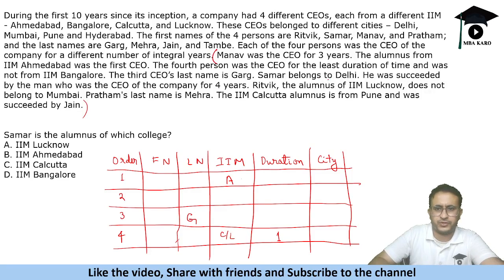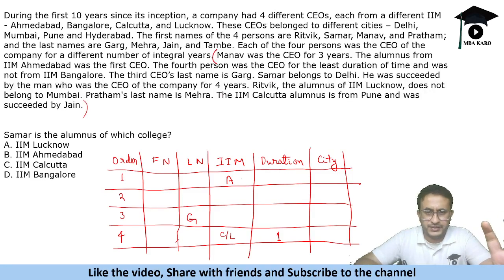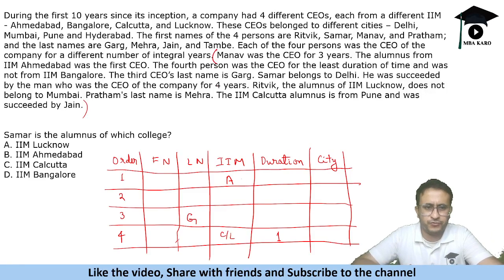Okay, Samar belongs to Delhi. He was succeeded by the man who was the CEO of the company for 4 years. Now, in this, let us think of one thing. Samar belongs to Delhi. Fine. So Samar cannot be the last person because he is succeeded by the person who is the CEO for 4 years. Okay.